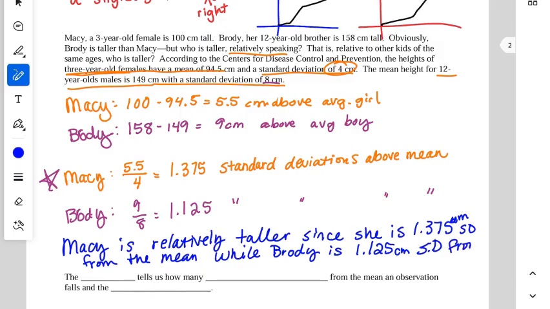Centimeter standard deviation. Standard deviation from the mean.